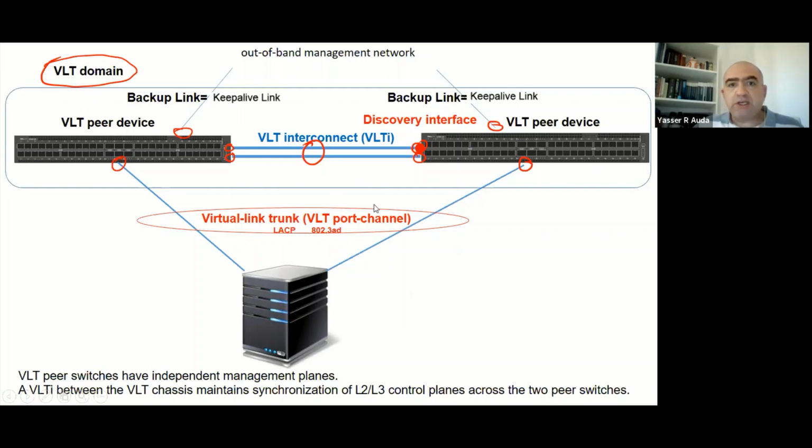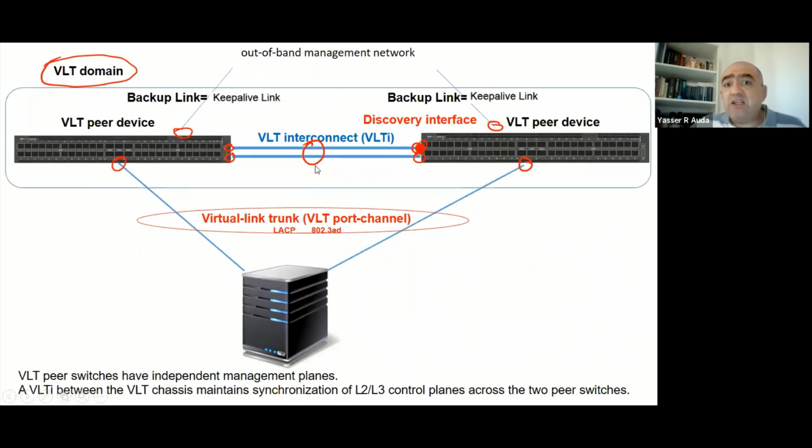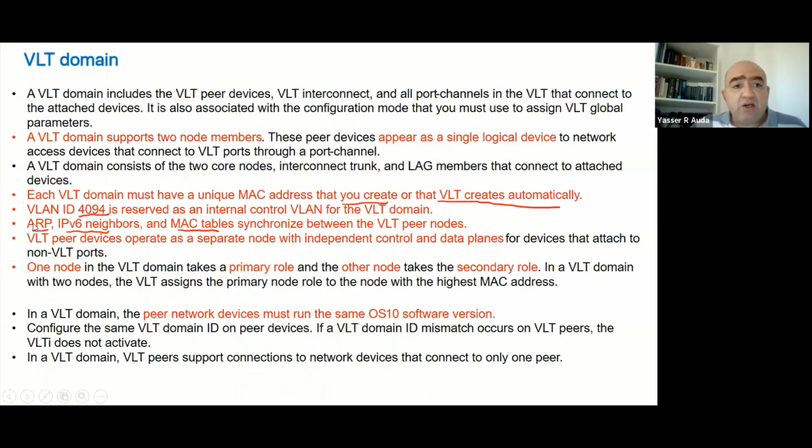So yes, they appear like a single switch, but physically each one has its own data plane and control plane, even though over this VLT interconnect link they synchronize the ARP, IP version 6 neighbors, MAC tables, and so on.